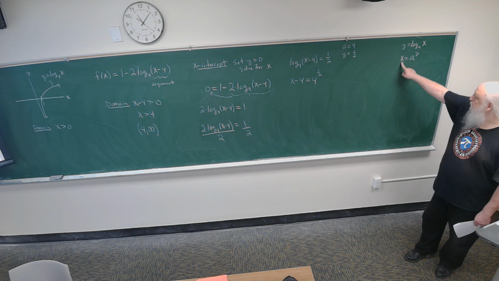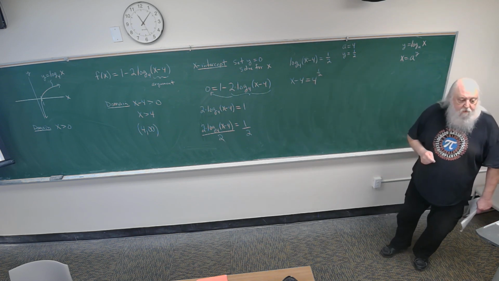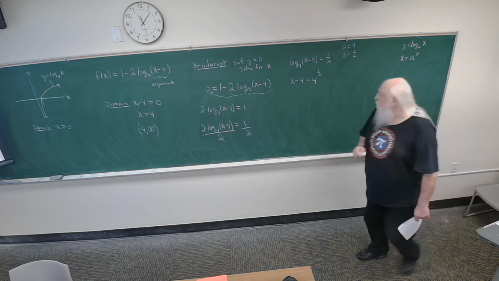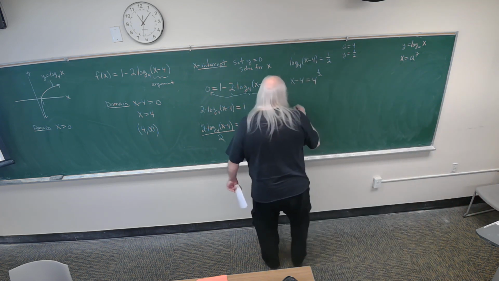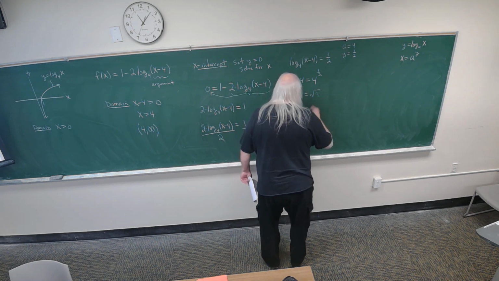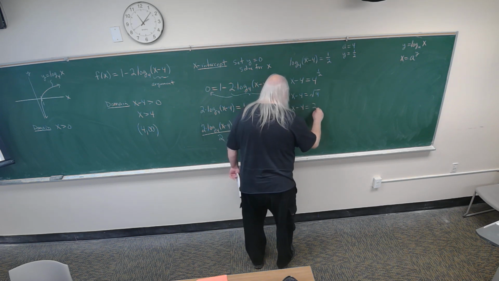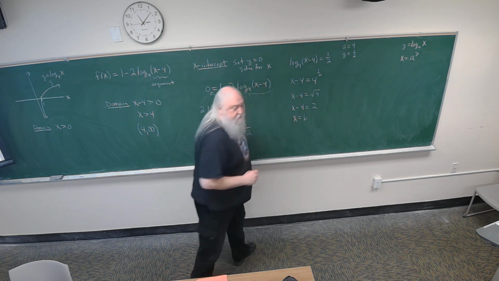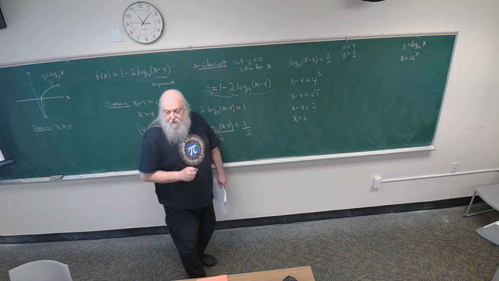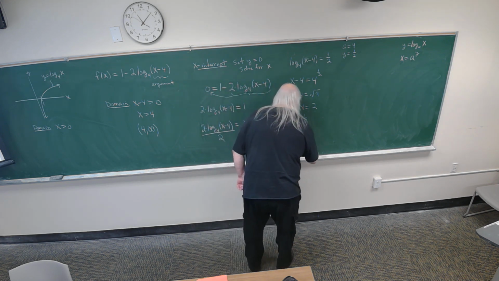What's different is instead of just x on the left-hand side, we have x minus 4. Well, you know, anything raised to the 1/2 power means square root. So we have square root of 4 on the right, and square root of 4 is 2. And when we add 4 to both sides, we get x equals 6 is the x-intercept, or the point (6, 0).